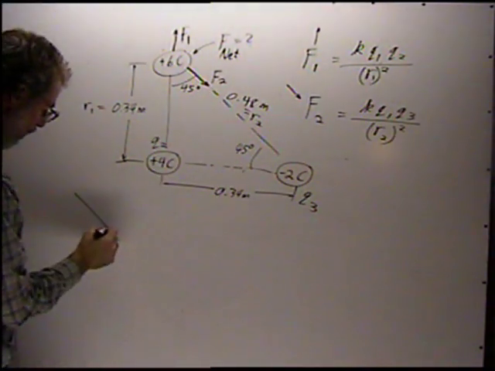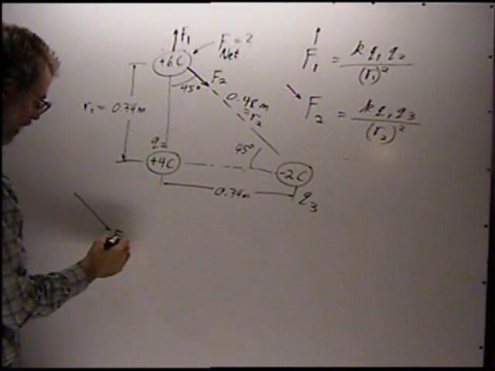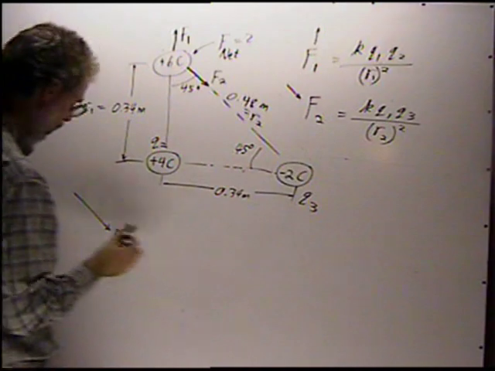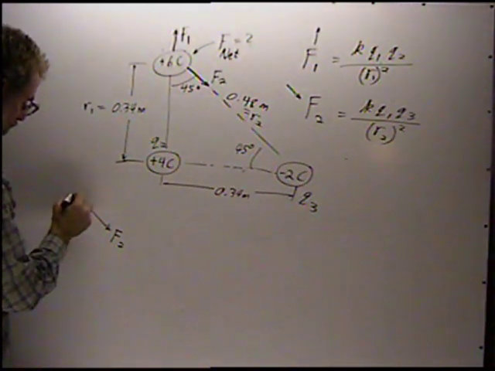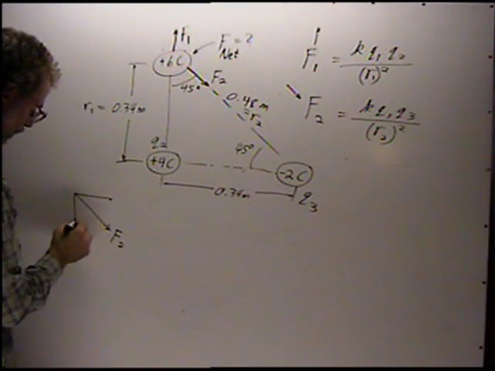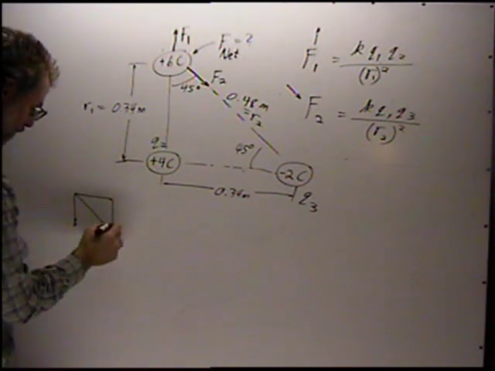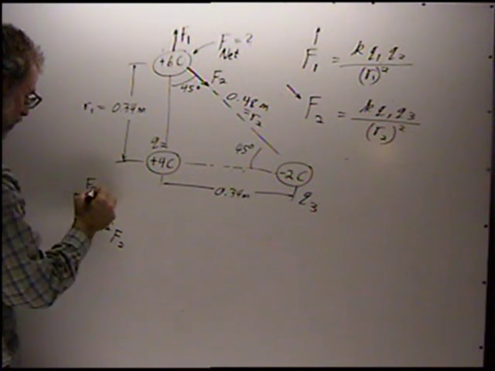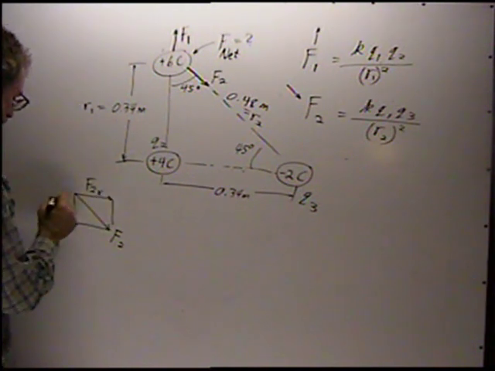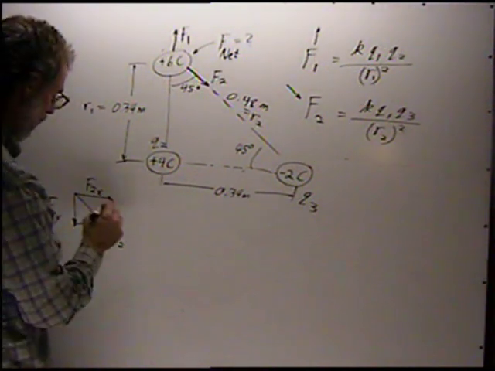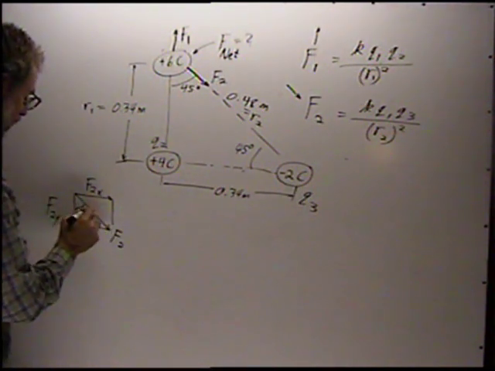We calculate F2, plug in the numbers, just like we did before, but we break that up into two components, F2x and F2y. And it's a 45-degree angle here.